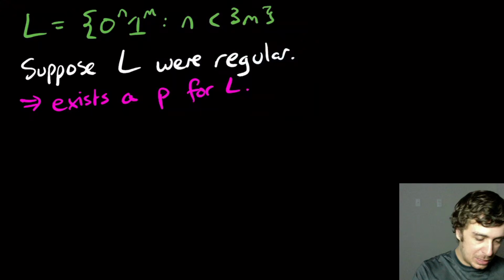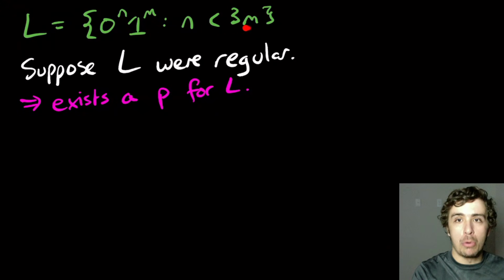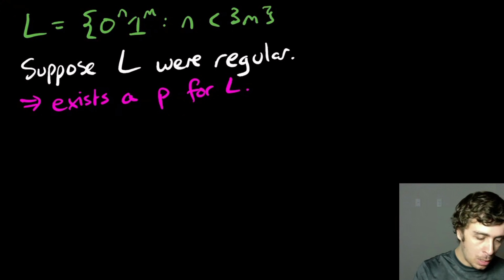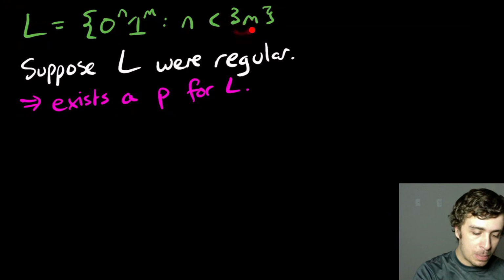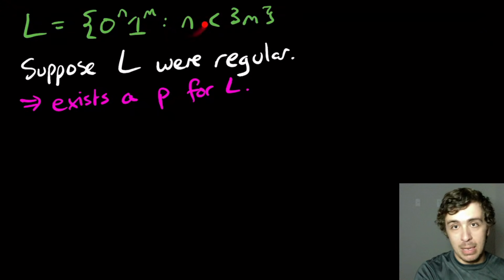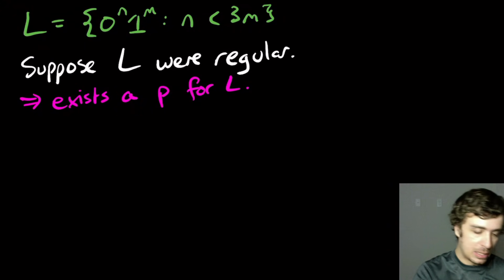So let's think, let's pick a string that has some number of zeros, some number of ones, and the number of zeros is strictly less than 3 times the number of ones. So what we want is a lot of zeros, because multiplying the number of ones by 3, that's in the range of where n needs to be, because we want to eventually contradict this.